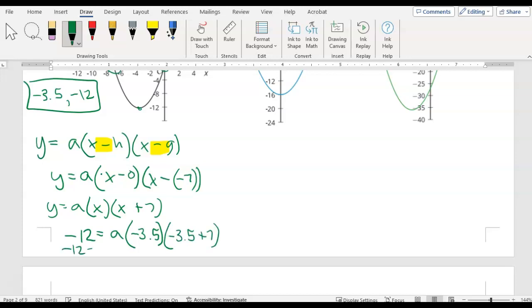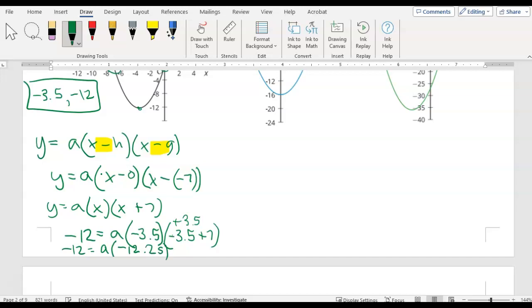This is -12 equals a times -3.5 times 3.5, which is a times -12.25.